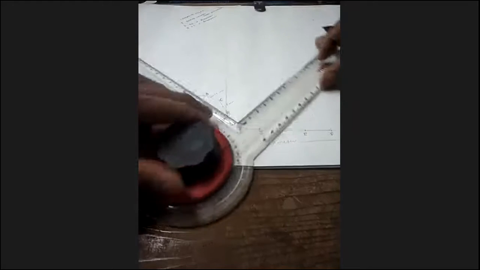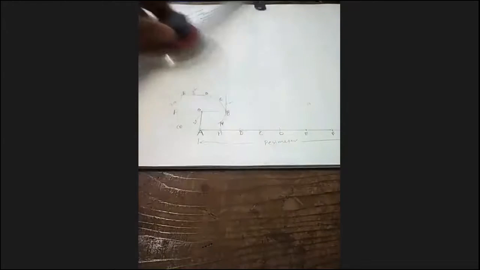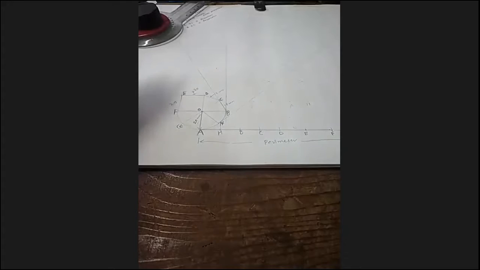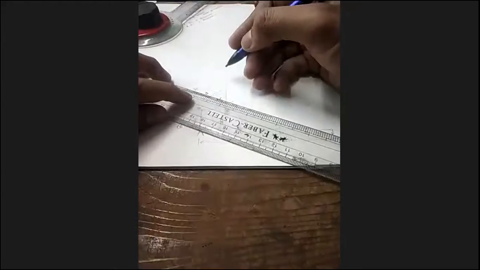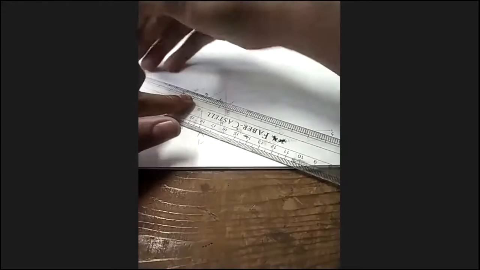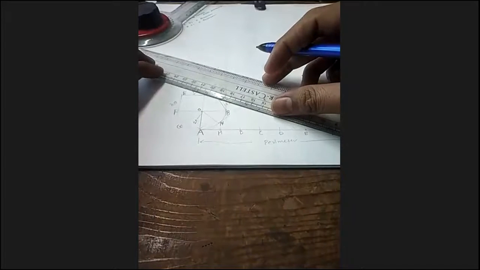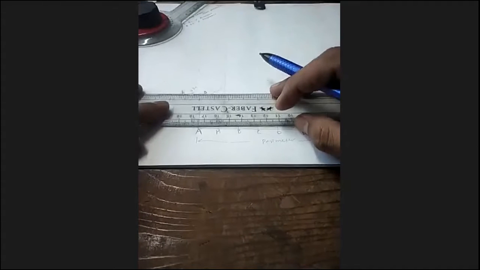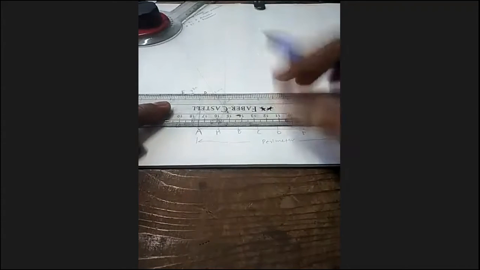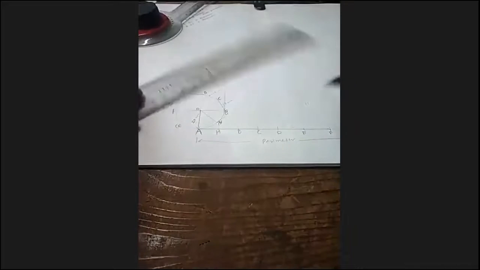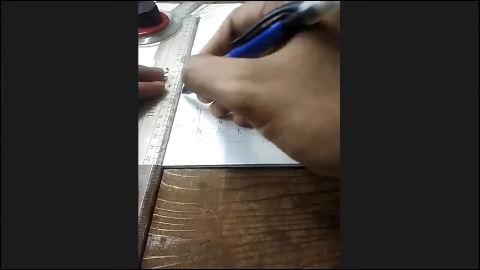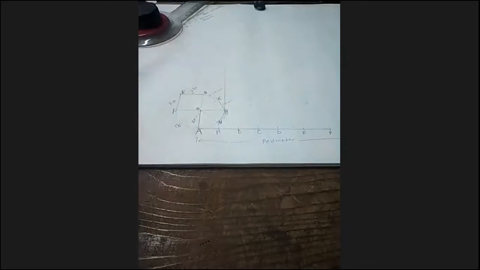Then C and D are easier because it will be parallel to this line only. Again, ED, the tangent is coinciding, EF. Now, what I explained to you, I may have made the same mistake. That I'll come to know.